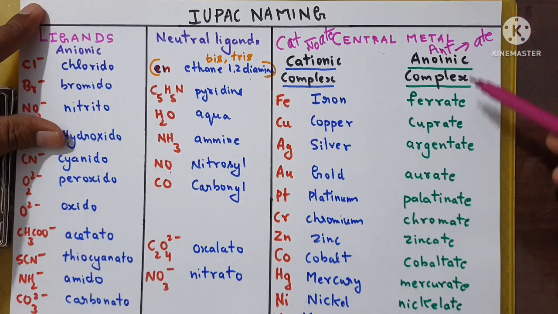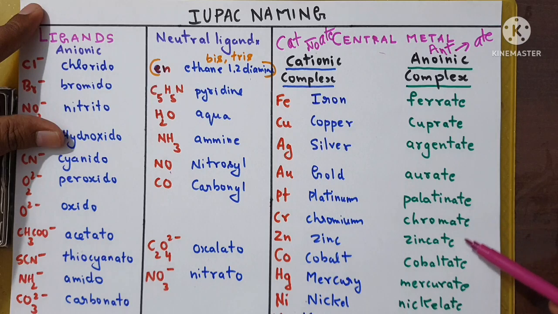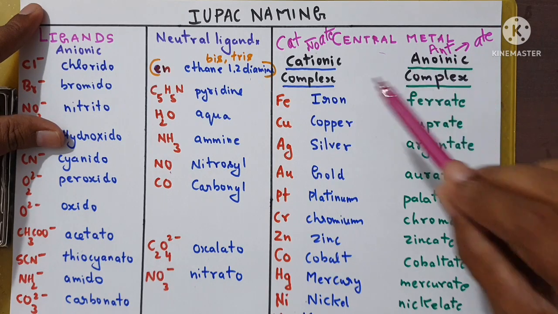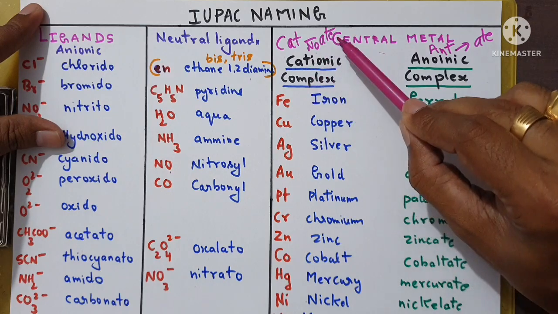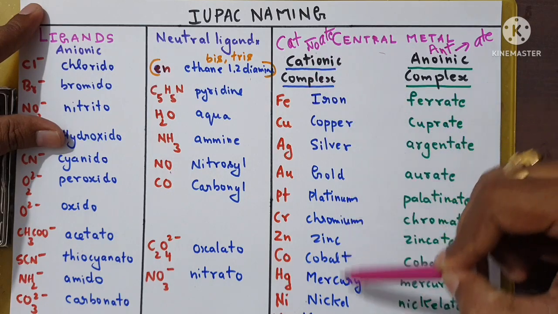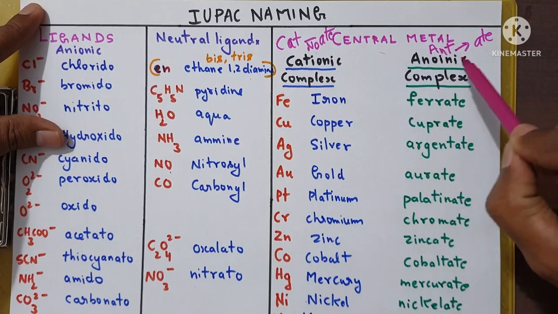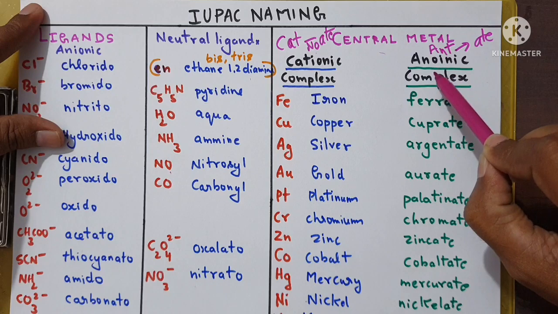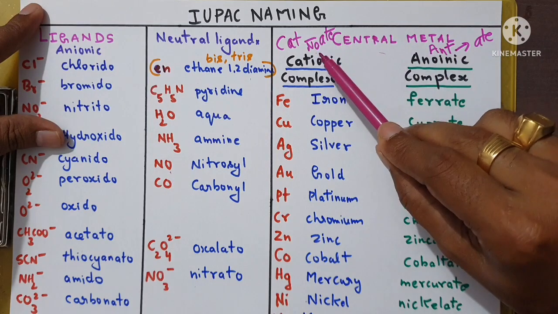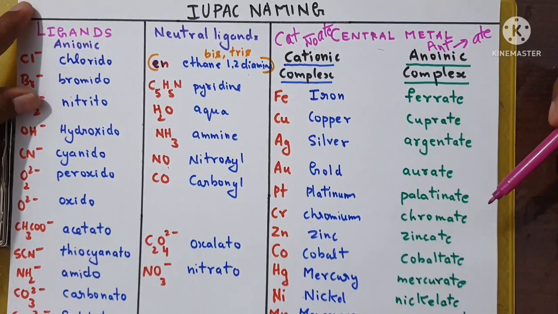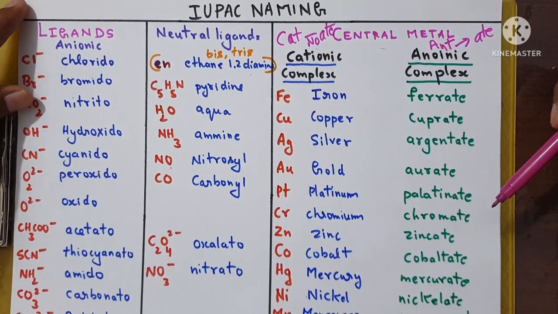You can observe here, if the anionic complex is given, all end with ate. Cationic, no ate; that means it does not end with ate. Anionic, ate. So this is a very important chart children. Again and again we'll be using this chart to name the coordination complexes.